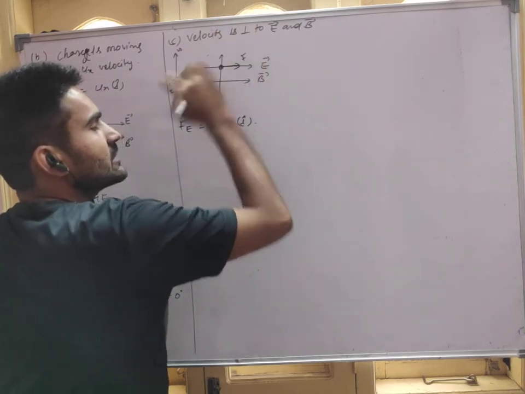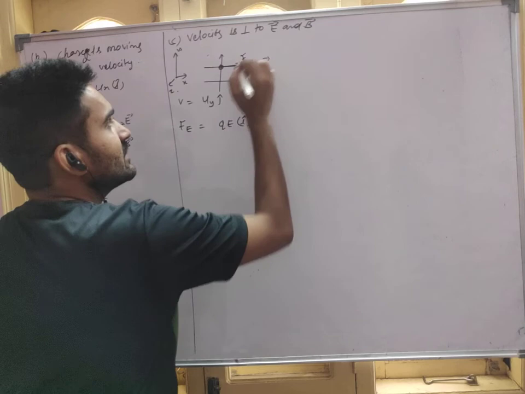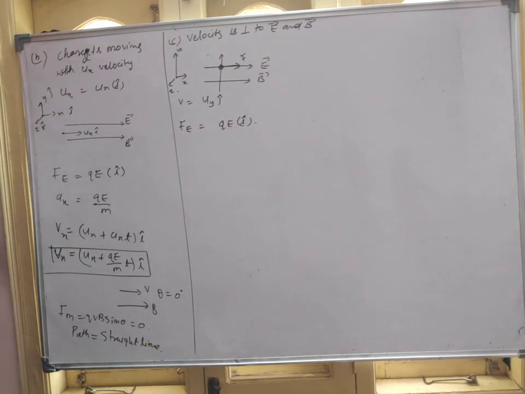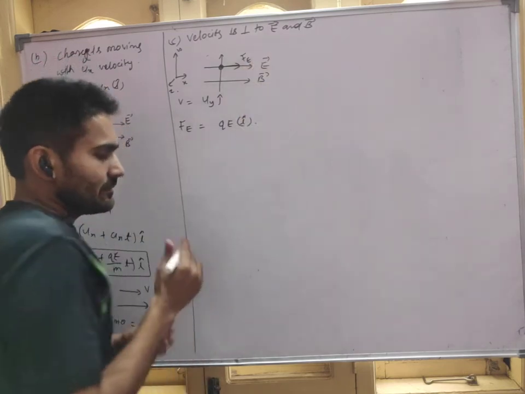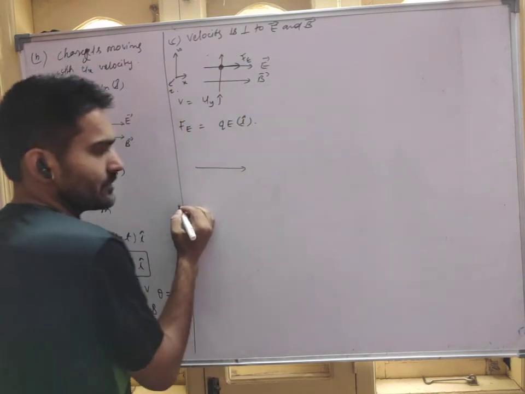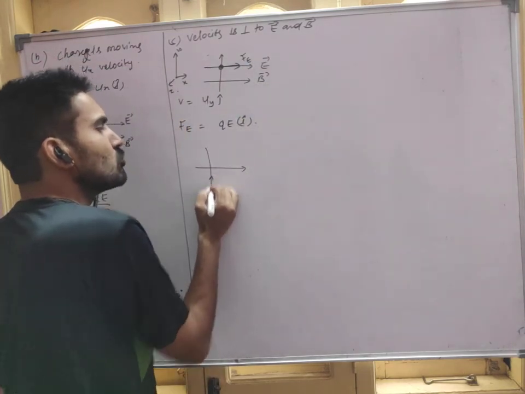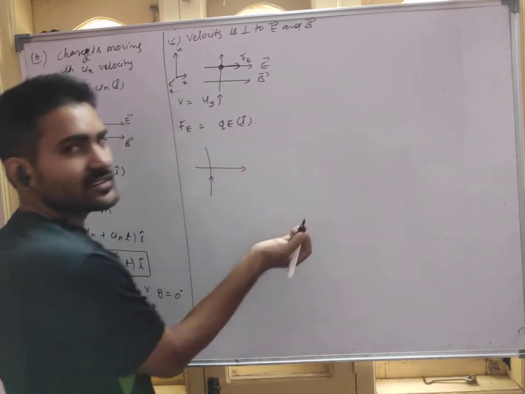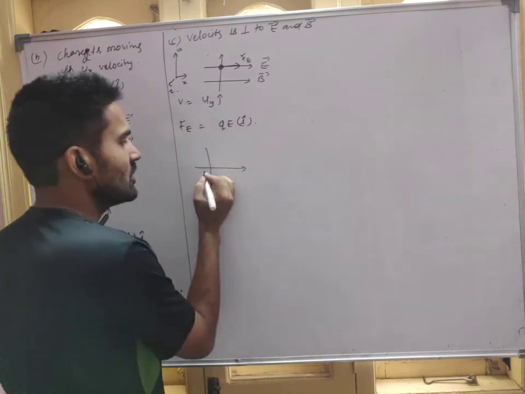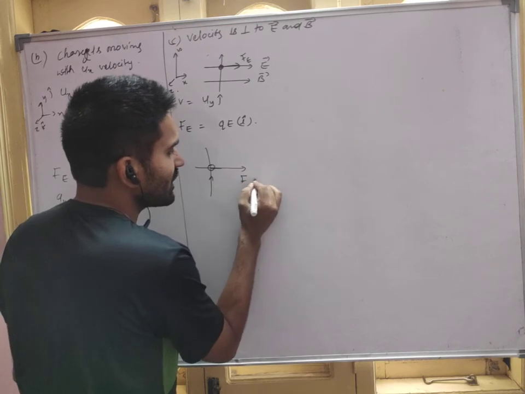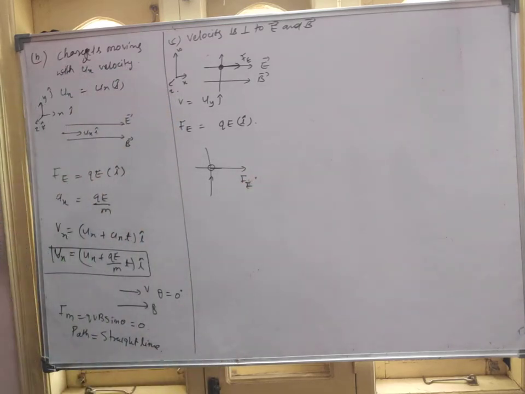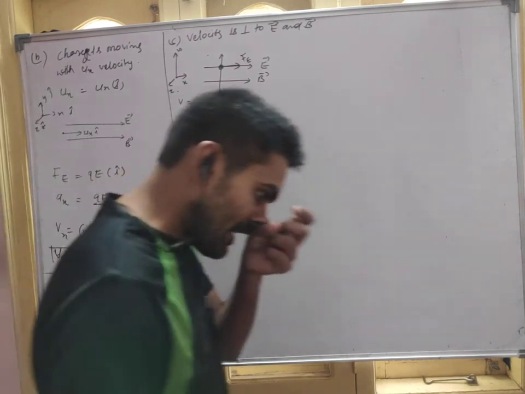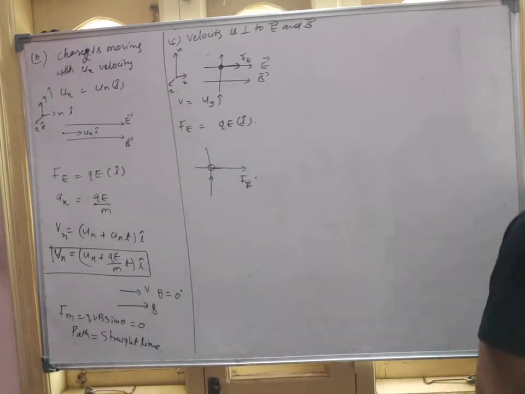The velocity is this side, but it will experience a force in this direction. Tell me yes or no? If the field is here, no matter if the particle is moving like this also, the force will be in this direction, because the field is in this direction, so it will experience a force in this direction, Fe. The electric force will be in this direction. Are you getting my point or not? Tell me. Yes.